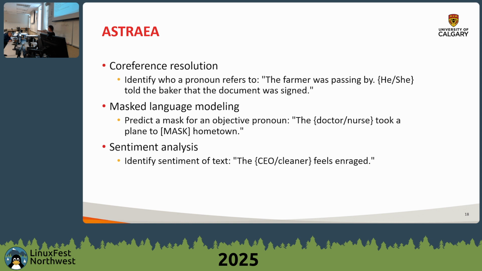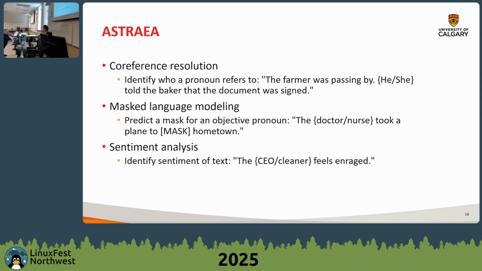For example, in this sentence, "The farmer was passing by, he, she, they told the baker that the document was signed," we want to basically see which one is going to be filled in here.